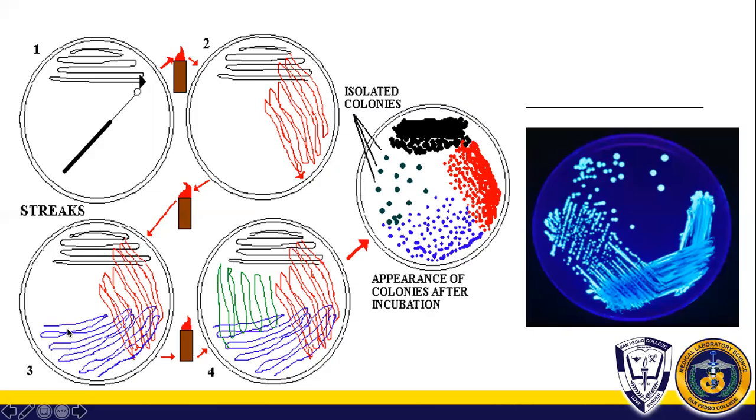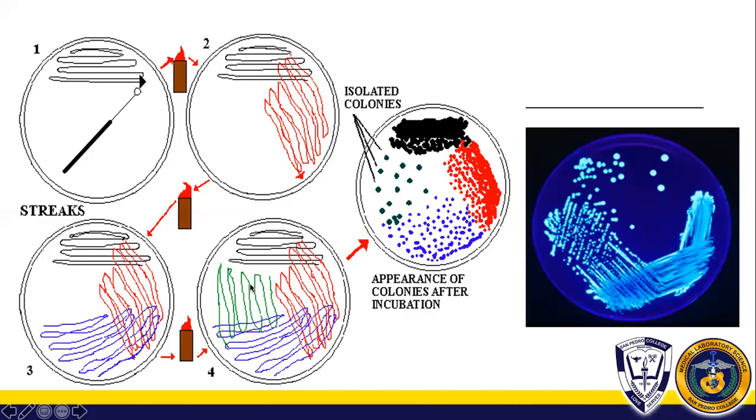Then heat again to sterilize the loop. Allow it to cool for a while and then allow your loop to touch the shoulder of the third quadrant streaking, and then allow the streaks to spread out for the last quadrant.